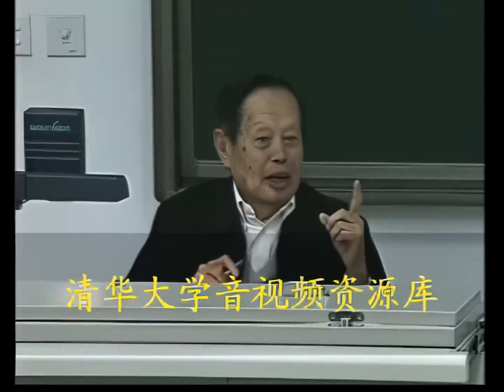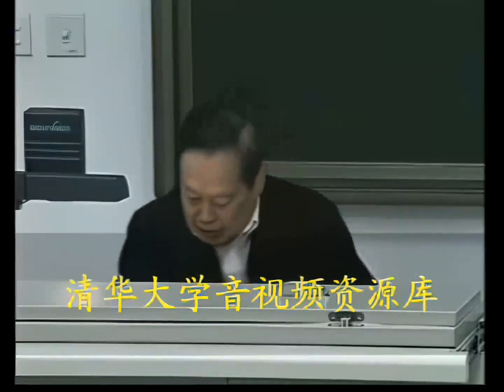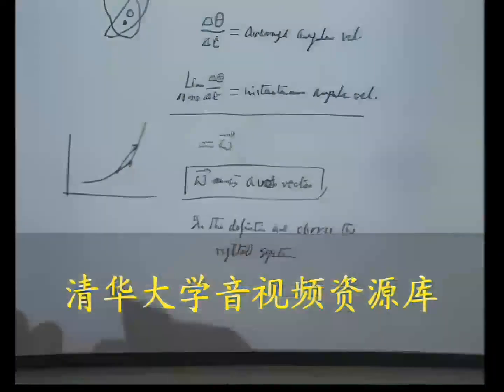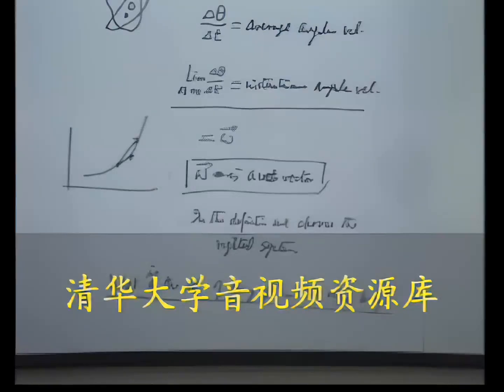Now next I want to ask, what is the velocity of every point in the body, in the rigid body? What is the velocity of every point in the body?